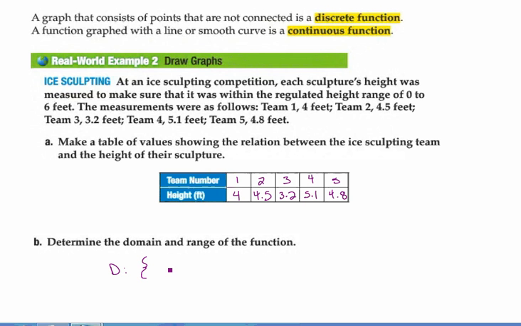We know that domain is a set of numbers 1, 2, 3, 4, and 5. And that's what those little brackets mean, the set of numbers. Our range are the y values, the set of numbers 4, 4.5, and so on.